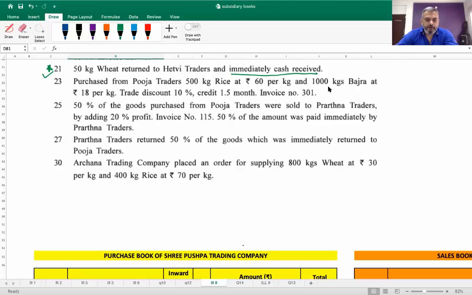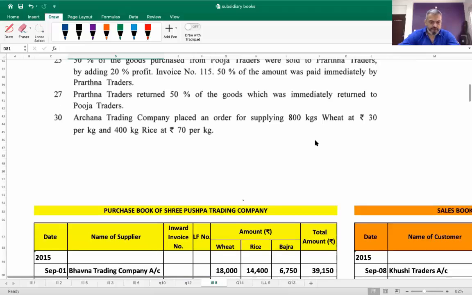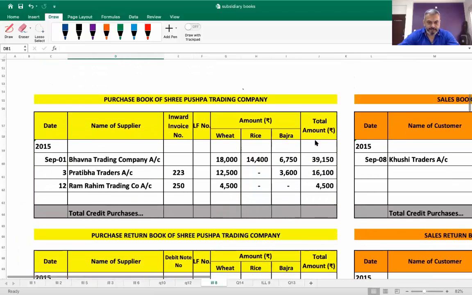per kg, trade discount 10%, credit 1.5 month, invoice number 301. So let's record in purchase book, Puja Traders, 23rd.